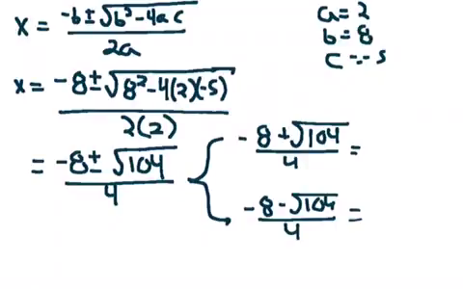You can plug each of these into your calculator and solve, and what you find is that the top solution is equal to 0.55, and I'm rounding there. Then I plug the bottom one into my calculator and solve, and what I find is negative 4.55, and I also rounded there.